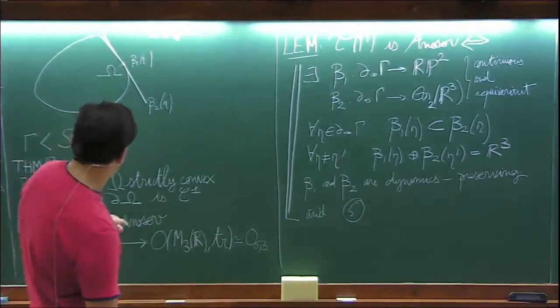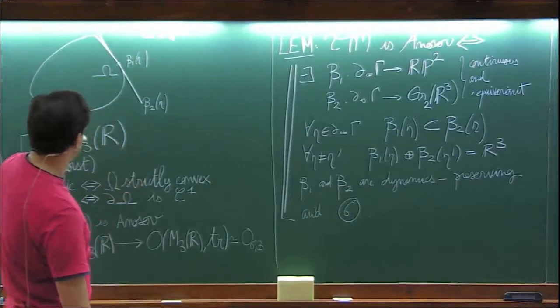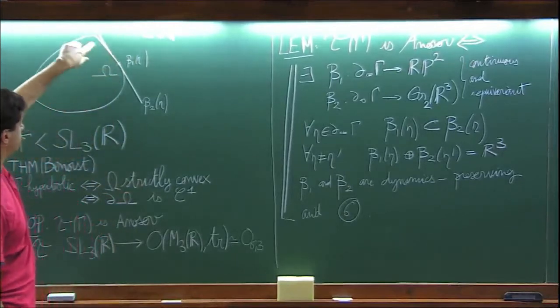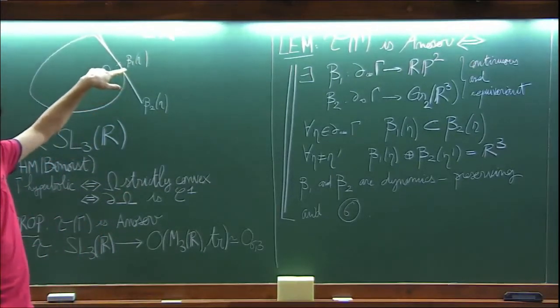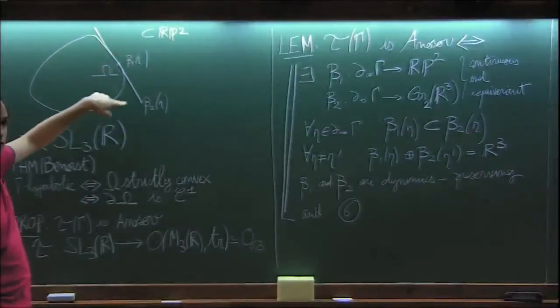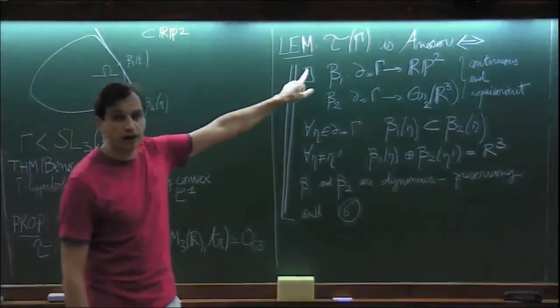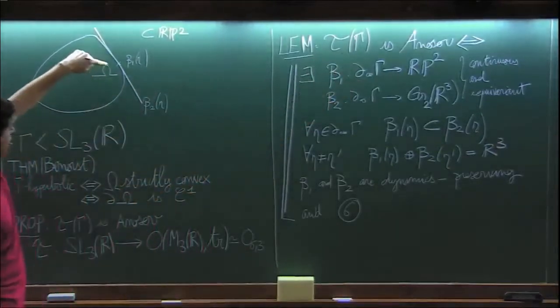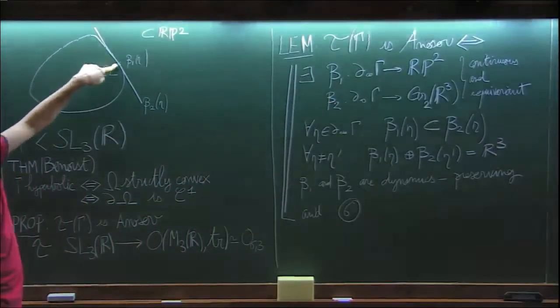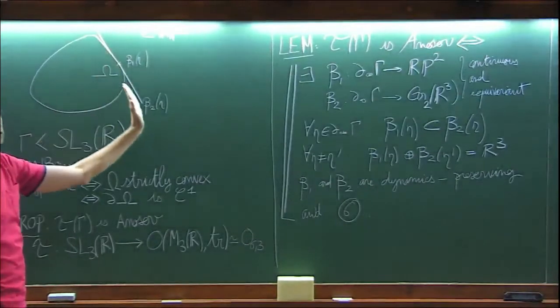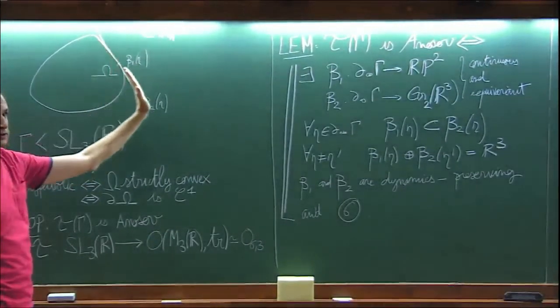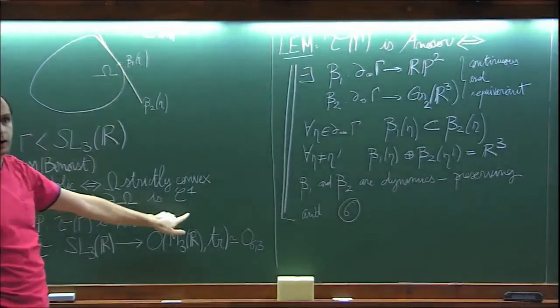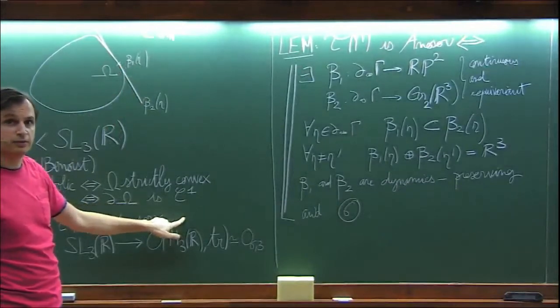So how do I get these maps in this situation? I have an identification of the boundary of the group with the boundary of omega, and this gives my map beta 1. And at every point of the boundary, I have a unique tangent line. So this is a C1 character of this boundary.